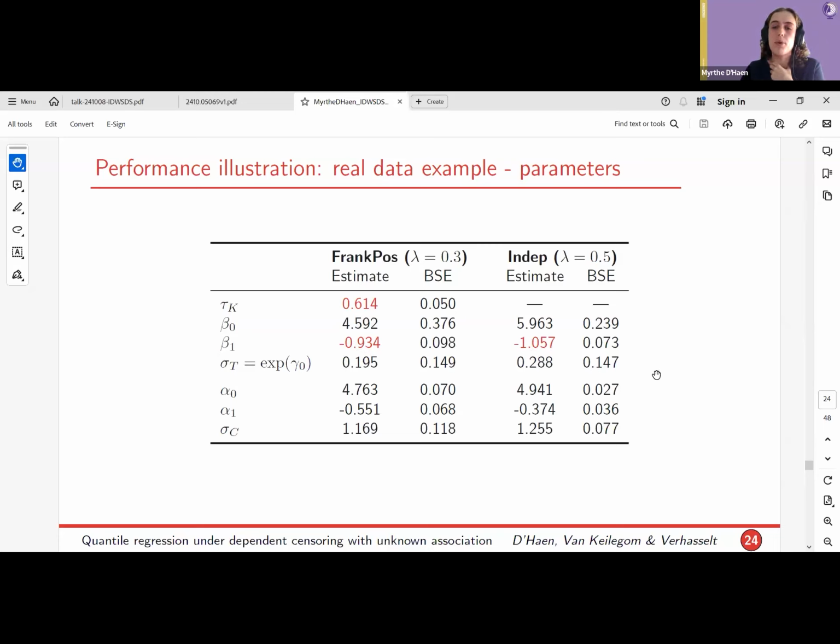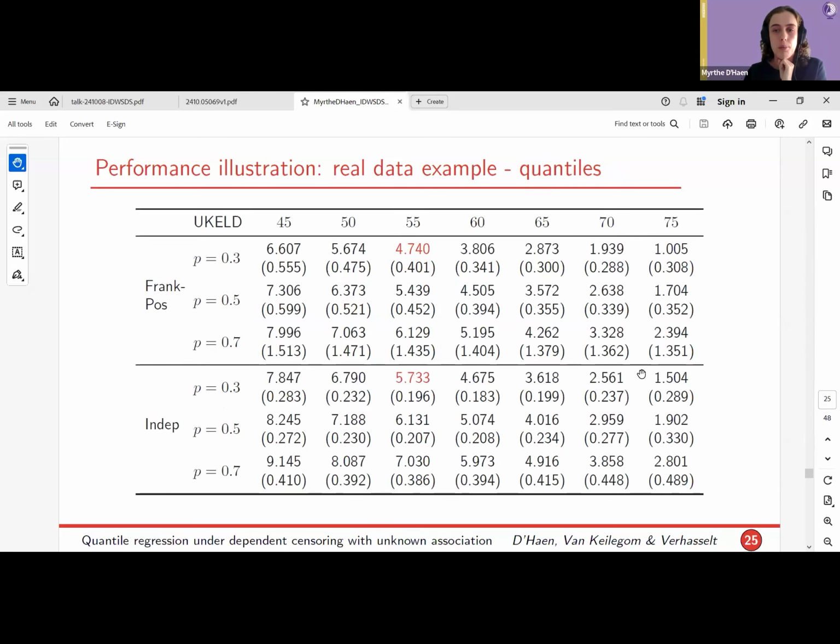This is on the level of parameters, but it's easier to interpret this on the level of the quantiles. Now don't look at all the numbers here, but for instance, for someone with a Euclid score of 55, which is, if I remember correctly, about the mean of the Euclid distribution, we will have a look at some quantiles.